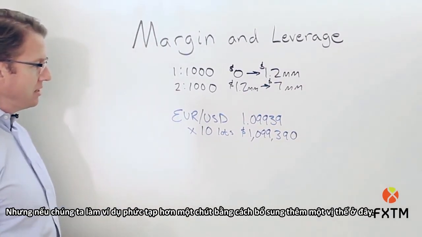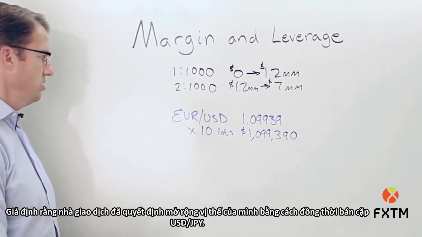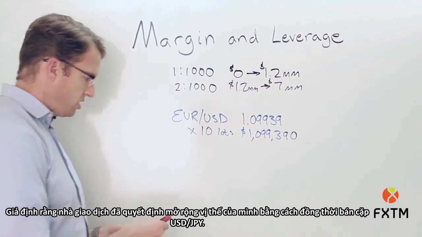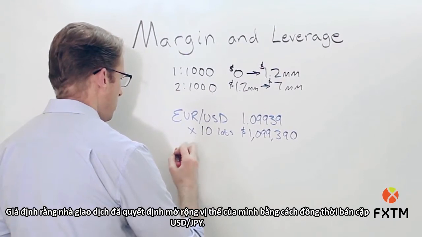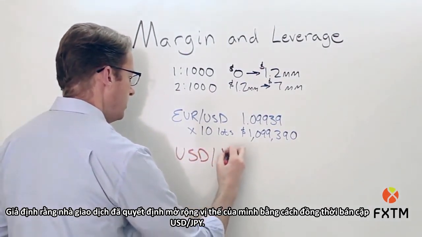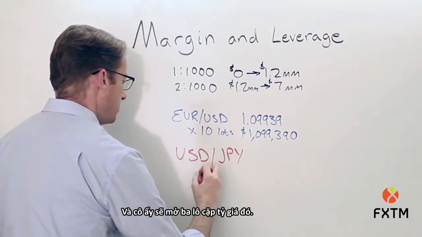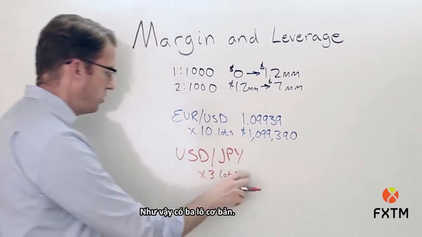All right, but let's say that we make this a little bit more complicated and we add a position here. So we'll say that our trader has decided to enlarge her position by simultaneously going short the dollar-yen pair, and she's going to open up 3 lots of that one. So 3 full-size lots.